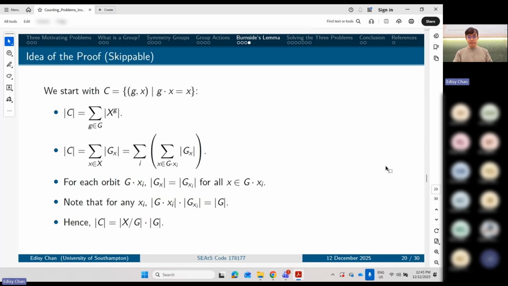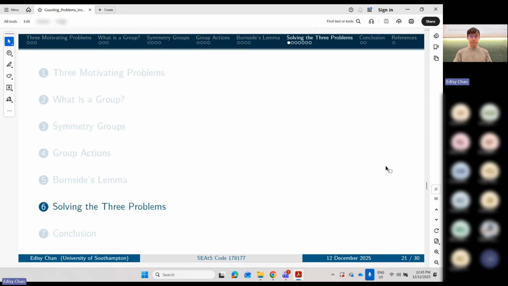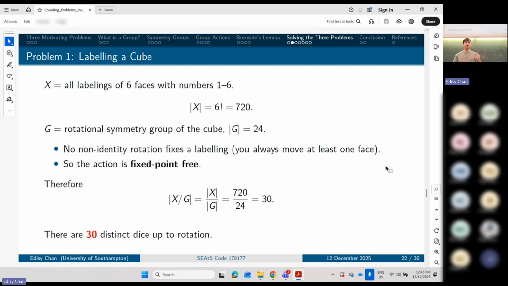So finally, how can we solve those three problems? Easy. The first one is very easy. I've already told you that for the rotational symmetry, we only have 24 of them. So we already have the absolute G, 24. How about the absolute X, the number of elements in X?